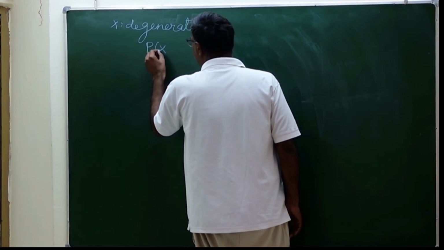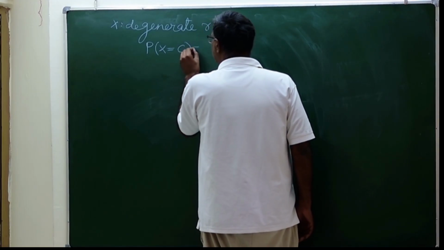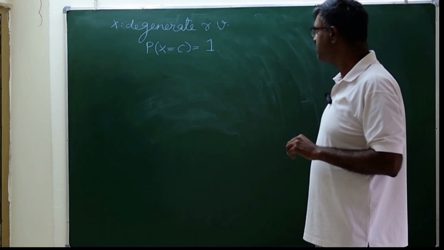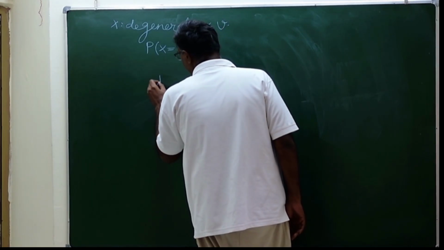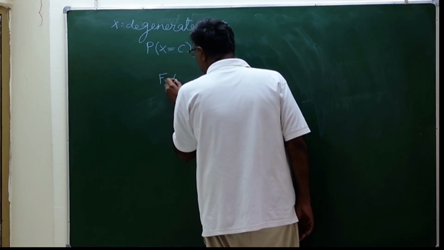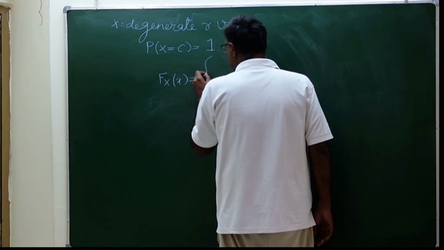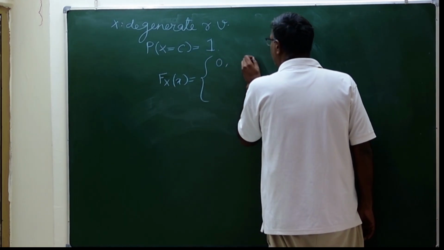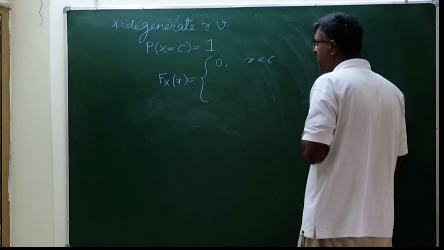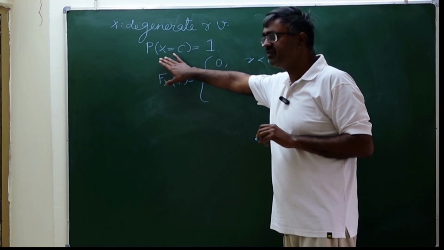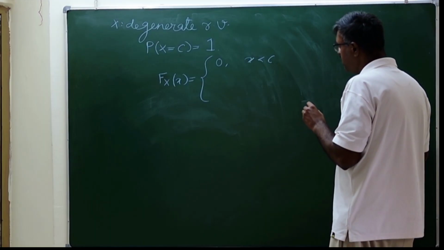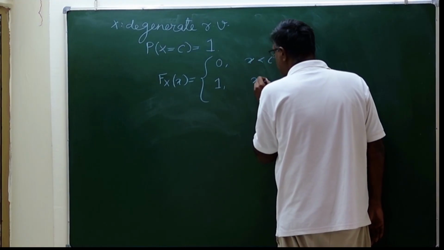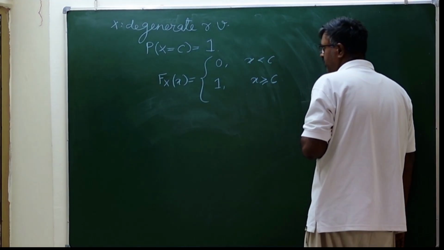So its distribution is given as probability of X equal to c is equal to 1. Then how do we write the distribution function? For all x less than c, the distribution function is 0, because the variable is defined only at the point x equal to c, and it will be 1 once x has attained the value c.